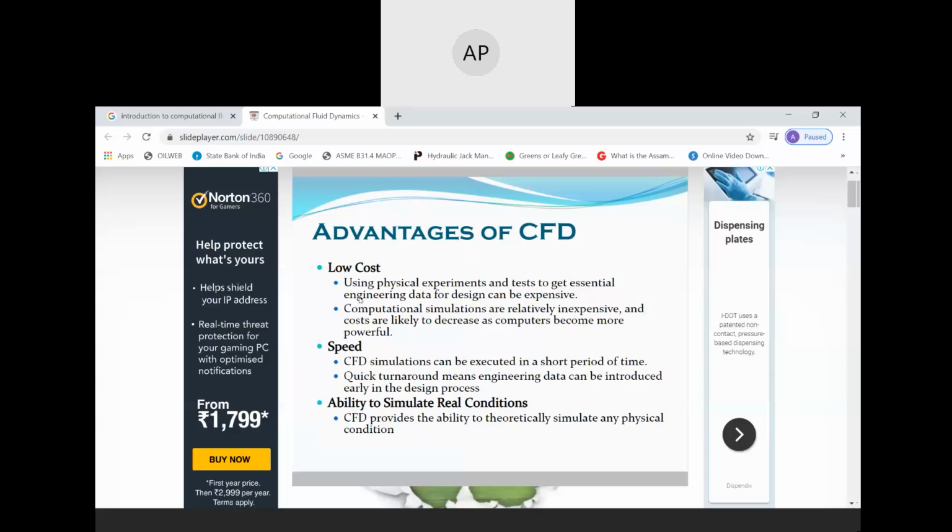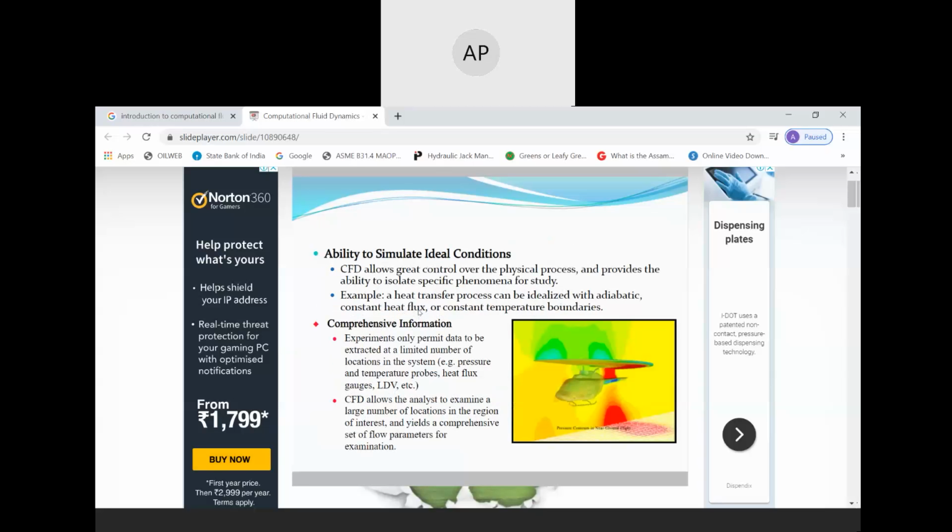So generally CFD is a time consuming method. Ability to simulate real conditions: CFD provides the ability to theoretically simulate any physical condition, the ability to simulate ideal conditions, and comprehensive information.